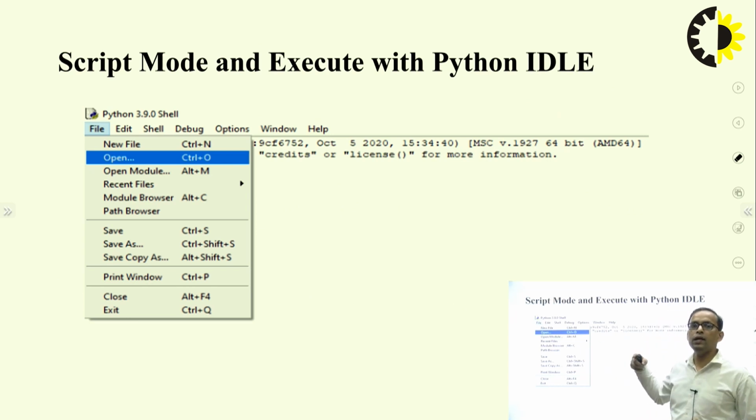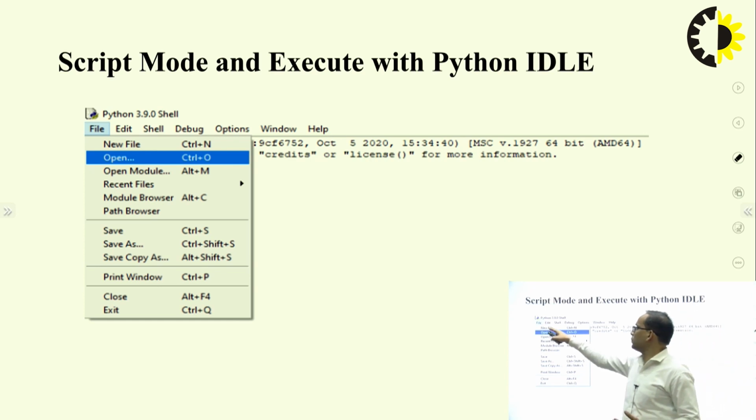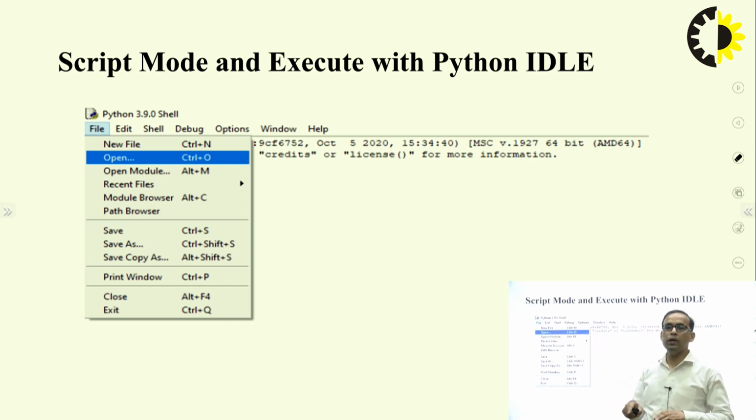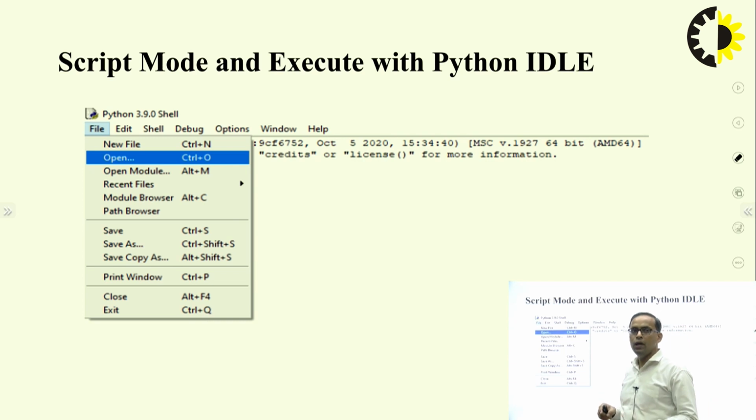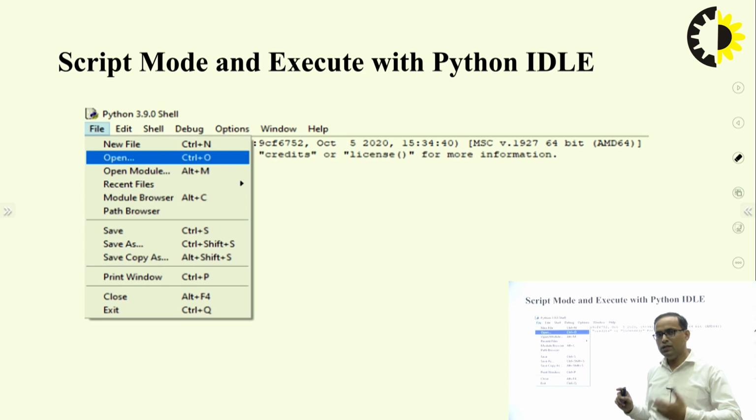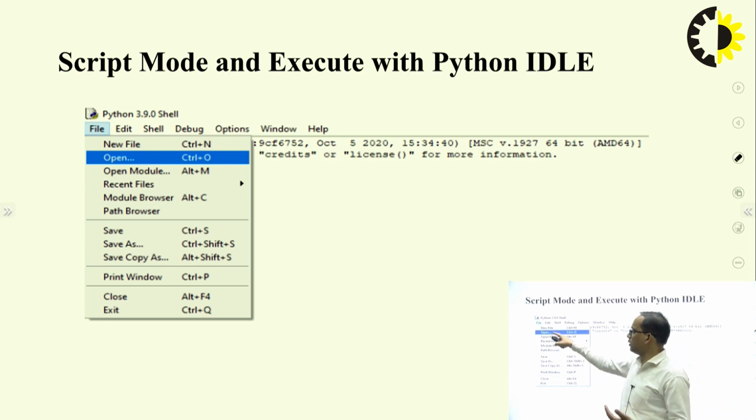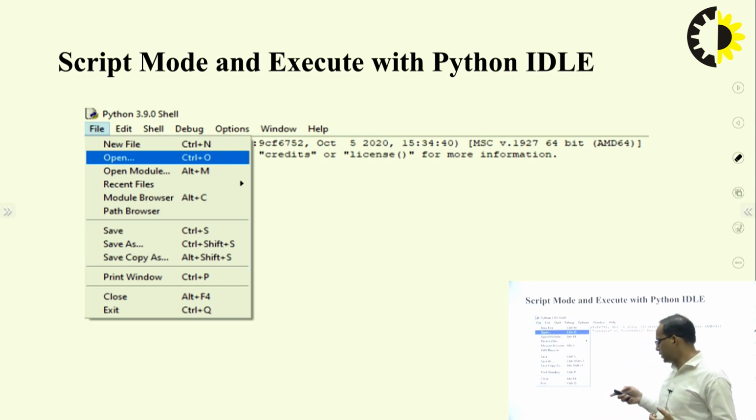I have to write a particular program. For that purpose I will click on File, then click on New, and a new file will open, like the Notepad, where I will write our program, and after that I will save it. But if the file is already present, then I can use Open to run the already written code: open the file and execute that particular file.